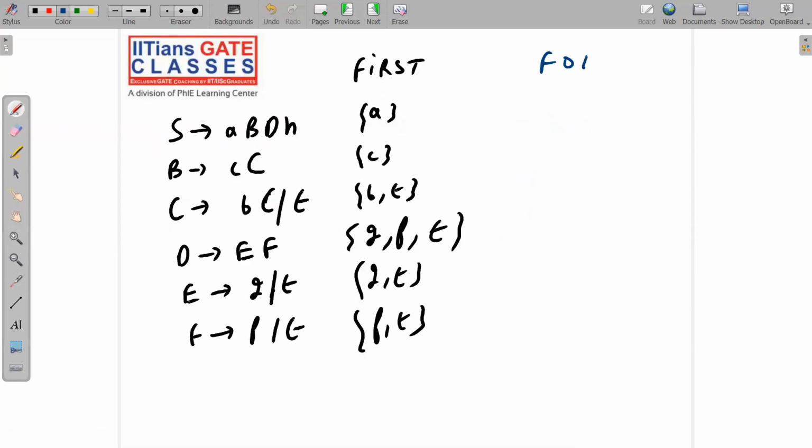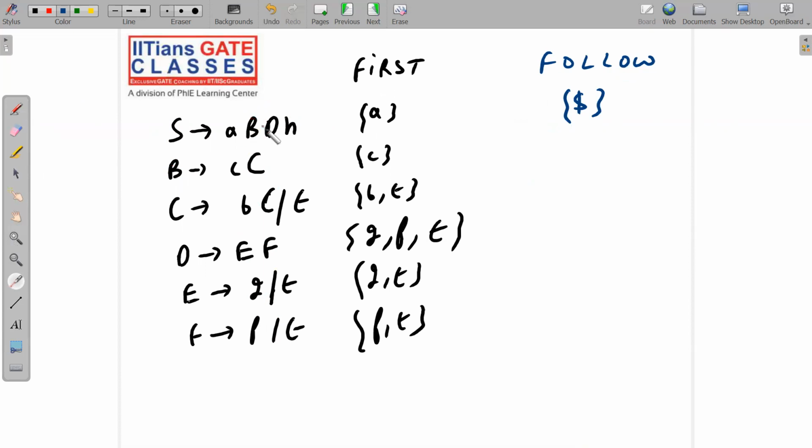Follow. Now please try to concentrate here. So what will be follow of capital S? Capital S is nowhere in RHS, so I will directly write dollar. That's it. No problem. Next, follow of capital B. Try to find capital B in RHS.